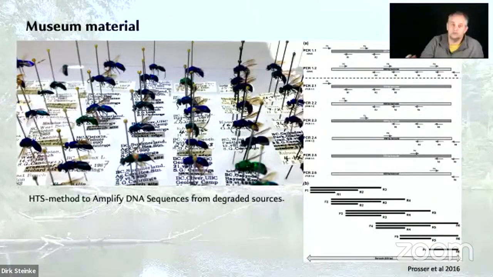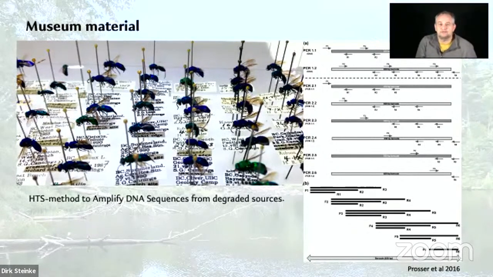Another thing we use high throughput sequencing methods for is totally different. Over the years of barcoding, we thought the real treasure trove for building reference material is our museums and collections. But very often that was hindered by the fact that DNA degrades over time, even if a specimen is not kept in awful chemical conditions like formalin.